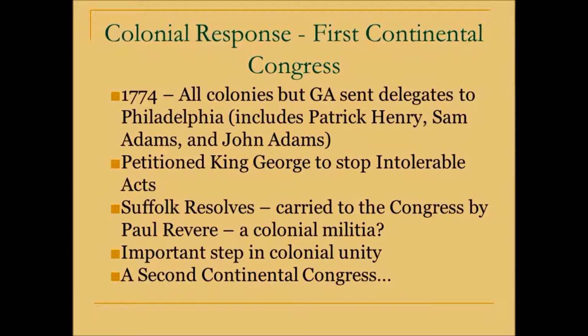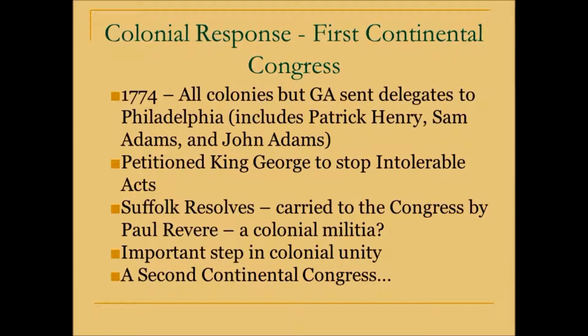And they kind of laid out a plan how to do this. And it was Paul Revere who took that idea from Suffolk, Massachusetts, and took that piece of paper called the Suffolk Resolves to the First Continental Congress and urged them to create a colonial militia. So that idea is in their head now with the First Continental Congress.